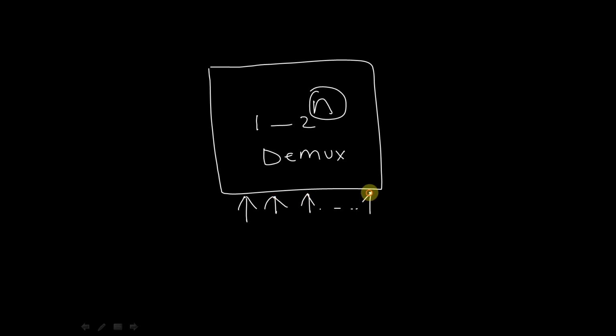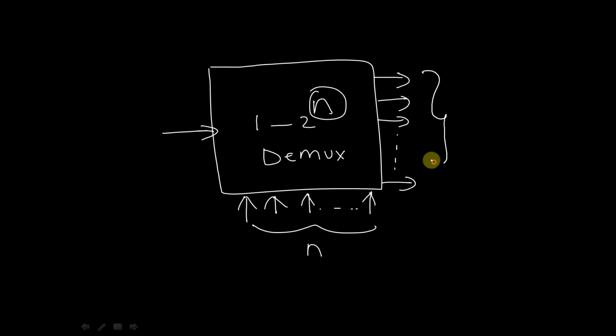There are n select lines and only one input, and we have 2 power n outputs. We also have one enable signal. So the demultiplexer has one input line and 2 power n output lines, and it requires n select lines.